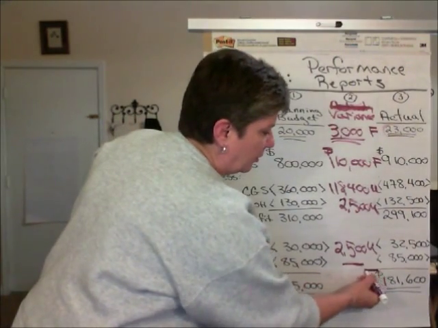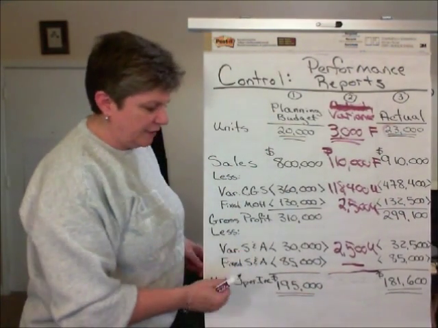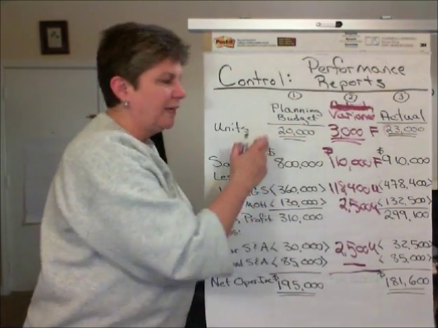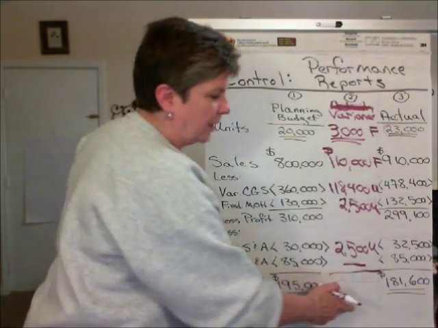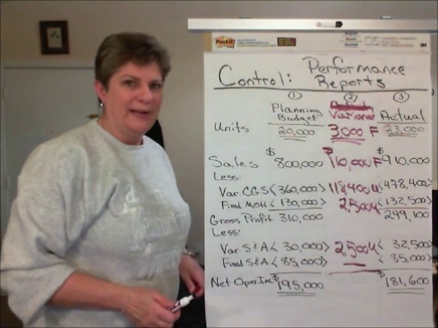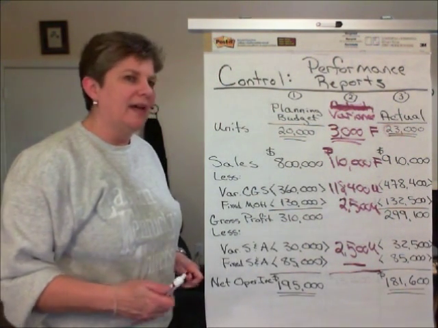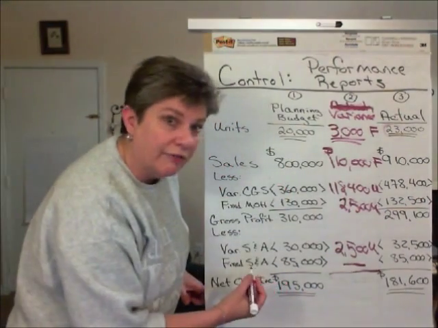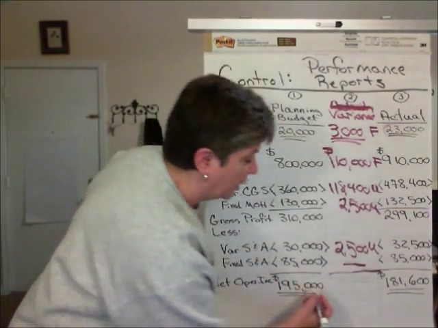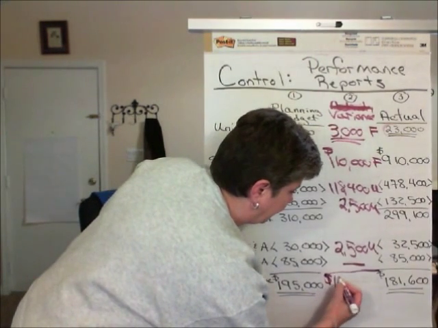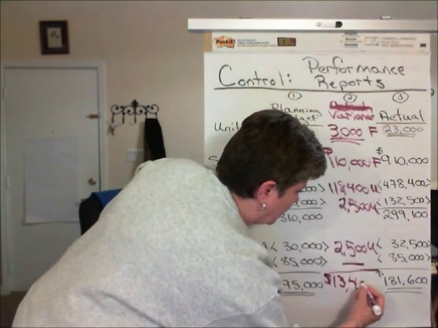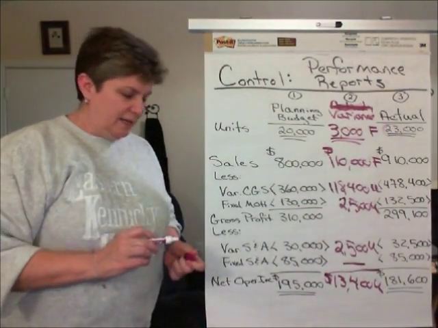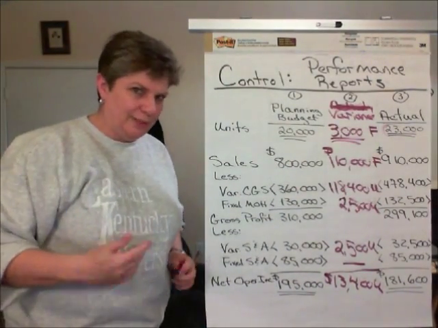And then the bottom line, as we look at the difference between the planned operating income at 20,000 units produced and sold and the actual operating income at 23,000 units sold, we see an overall variance of $13,400. Unfavorable. Now, this is what's going to get management in an uproar.